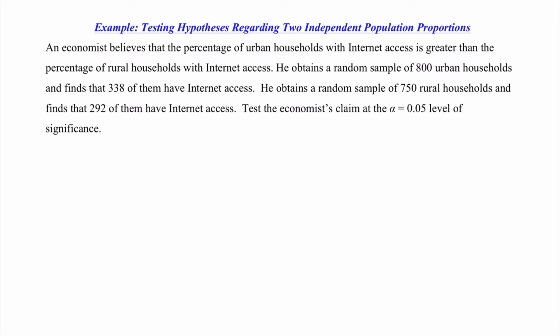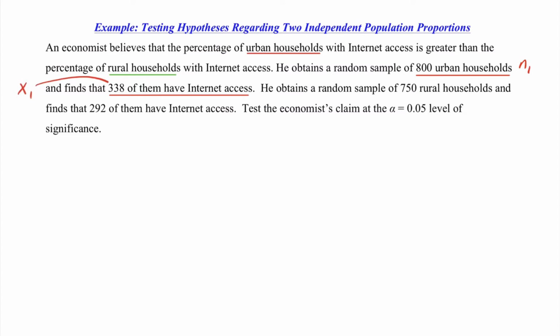Well, since we're conducting a hypothesis test, we know we need to check for the requirements to conduct the test first. However, before we even do that, a big thing with these two population tests is simply organizing all our information. So first, I'm going to call the urban households our sample number 1. And of course, that means our rural households will be our sample number 2. That means the 800 urban households that were sampled represent our N1, and the 338 of them that had internet access would represent our X1.